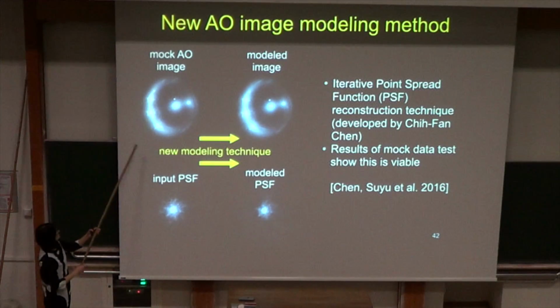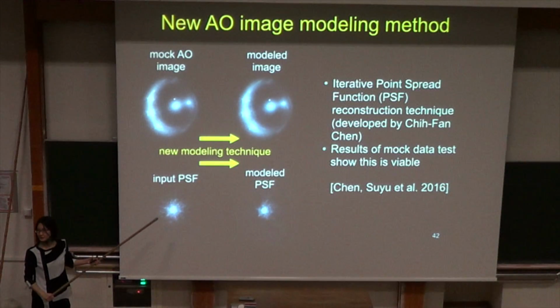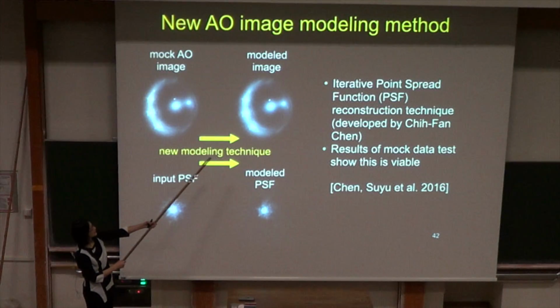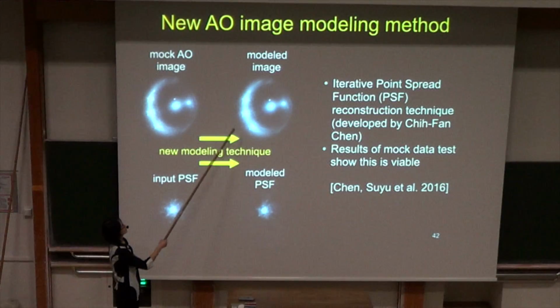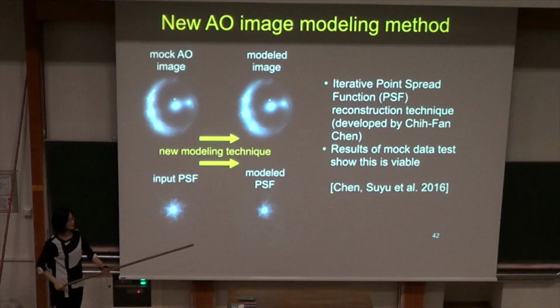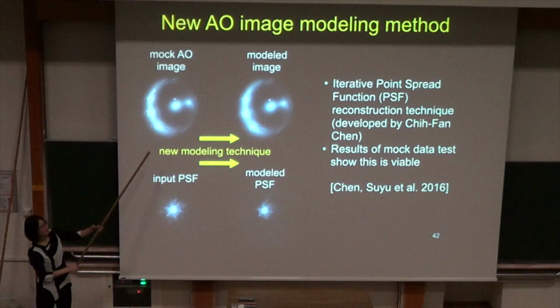And this is the image that I sent him to model. I didn't tell him what the input PSF is. I just gave him this, and then he ran through his new modeling technique, and this was his modeled image, and this was his reconstructed PSF, which globally reproduces the input pretty well.